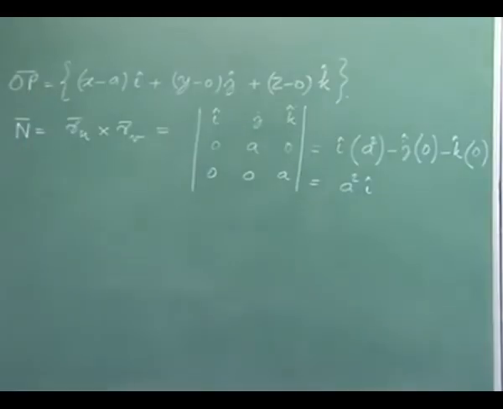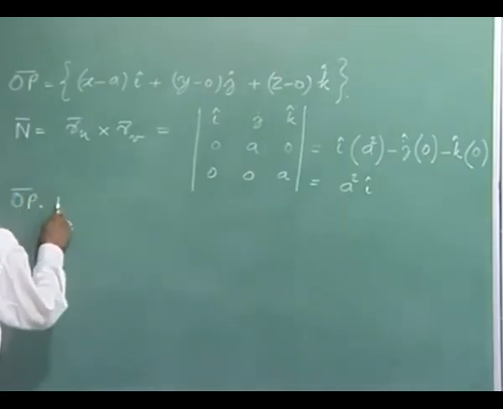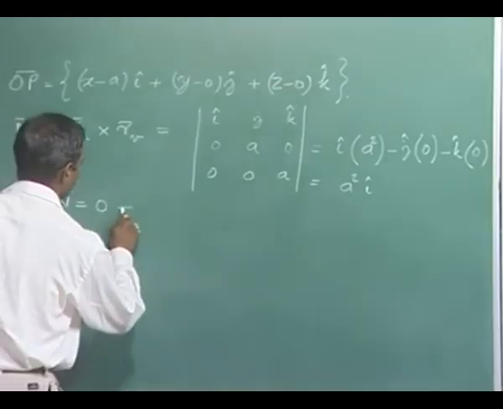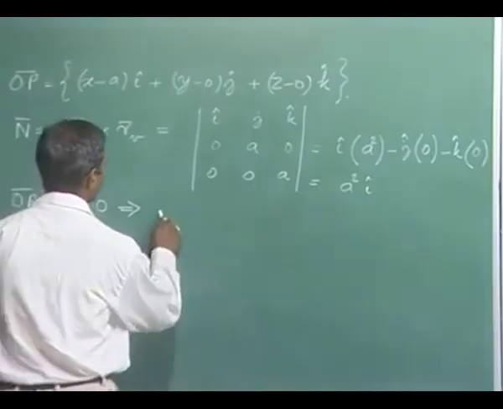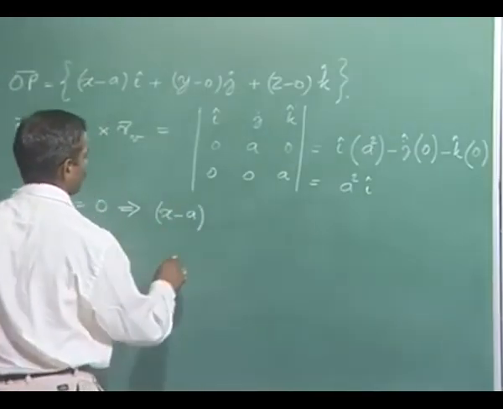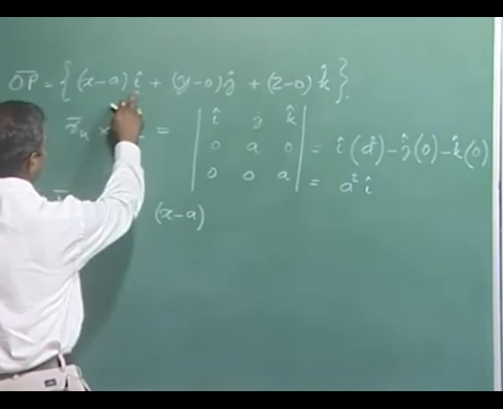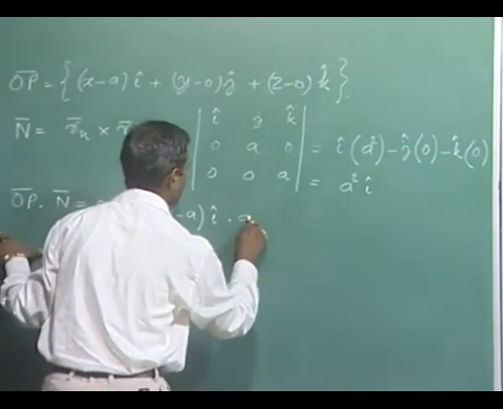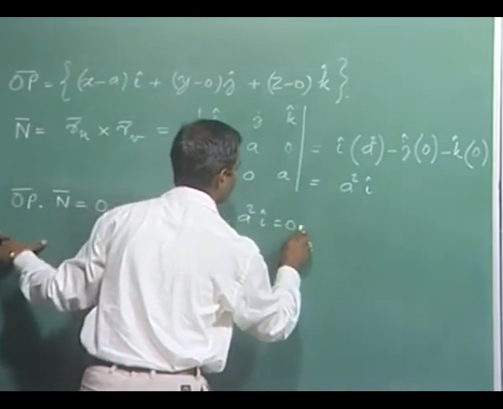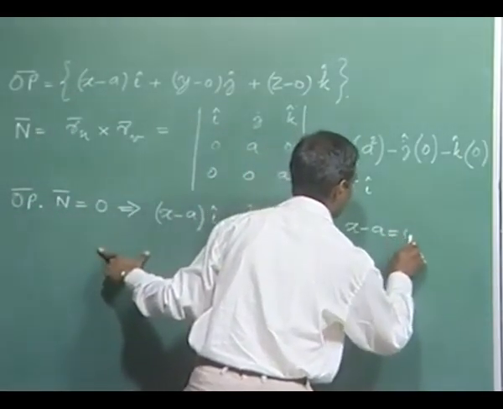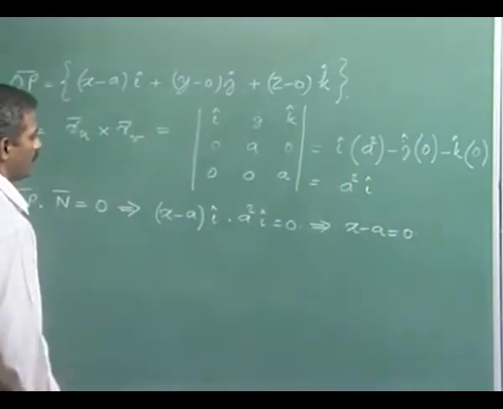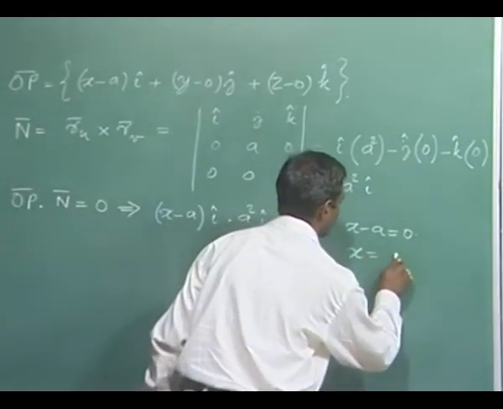And since OP is perpendicular to n, we have the condition OP dotted with n equals 0. This would imply that x minus a i dotted with a squared i is 0. This gives x minus a equals 0, or x equals a.